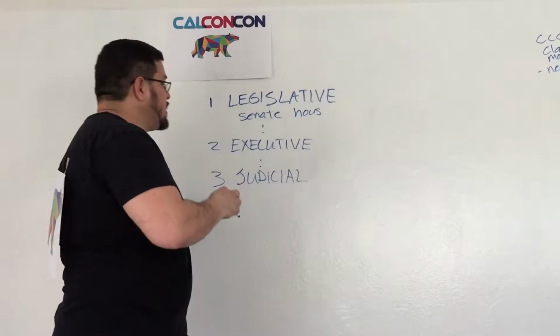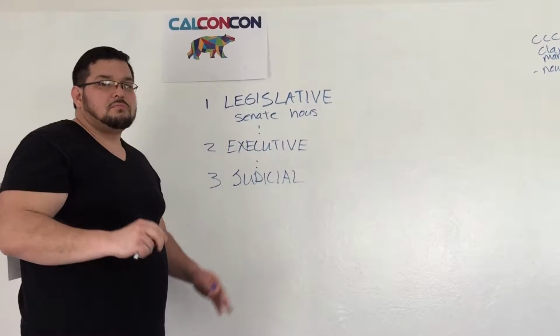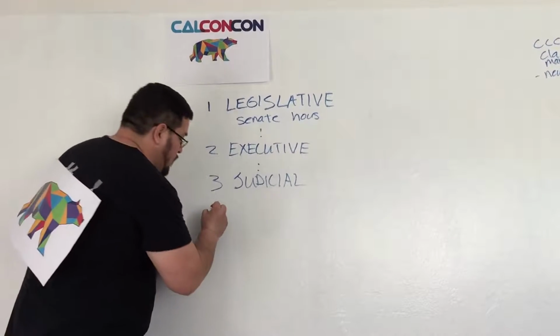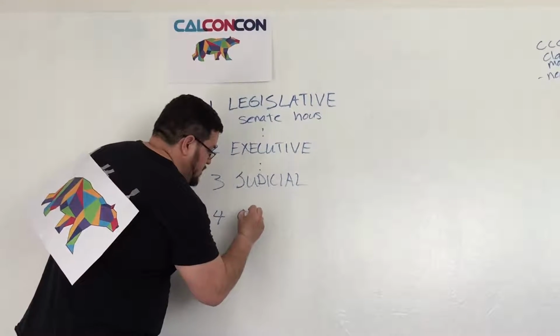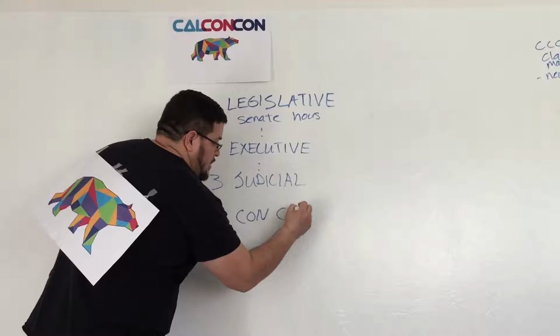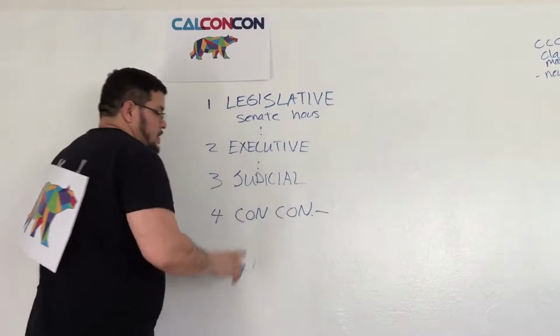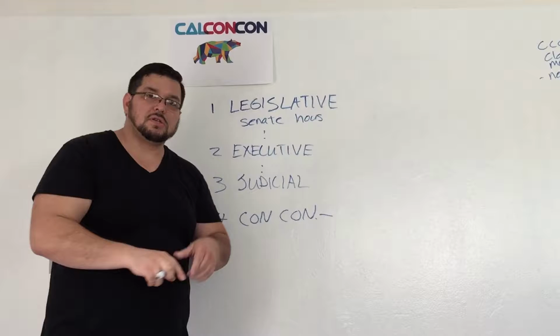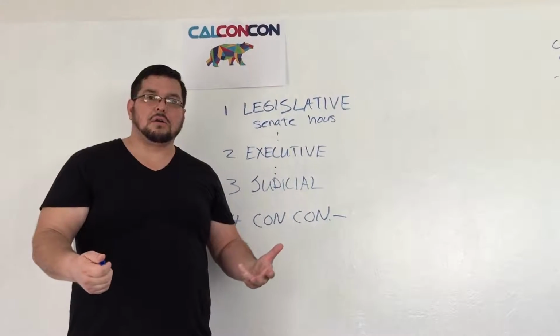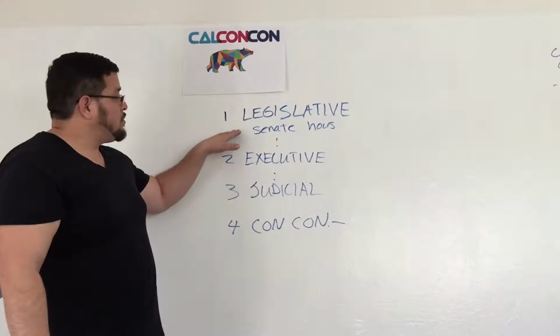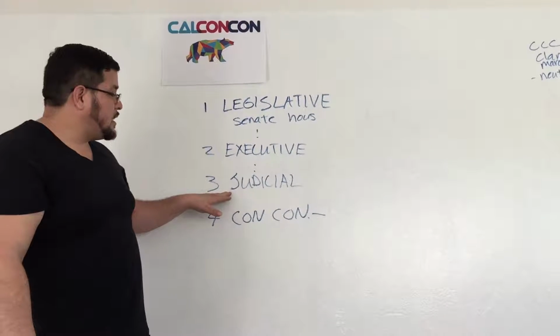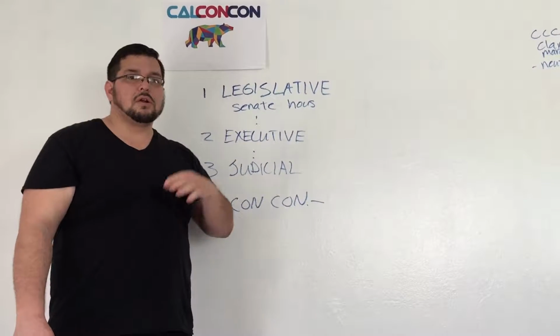Supposed to. With a Constitutional Convention, you could theoretically call a fourth branch of government. Because typically, in order to have a law in America, these people have to approve it, this person has to approve it, and this group has to say, we're not going to overturn it.